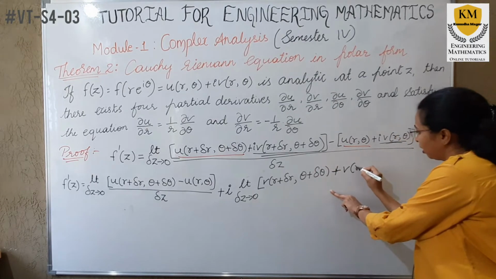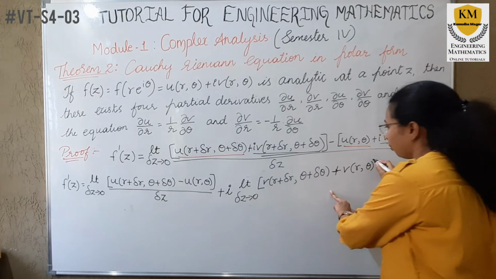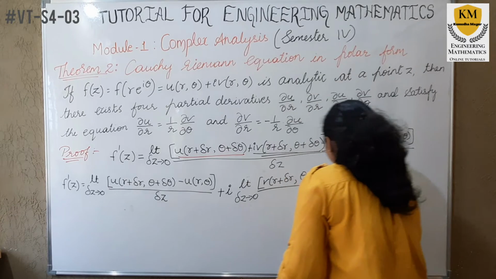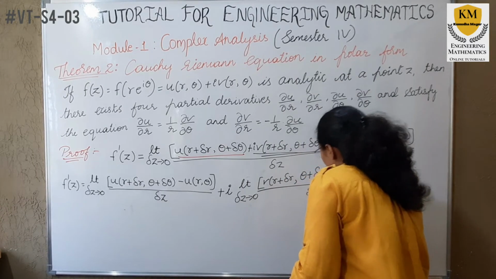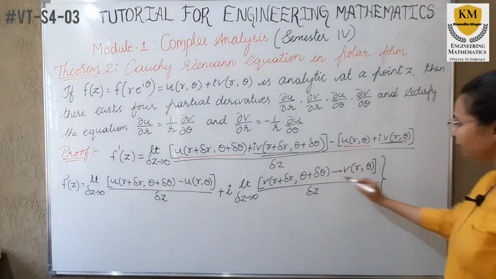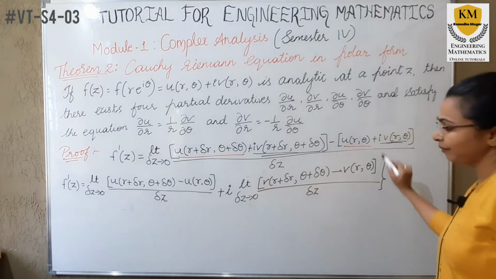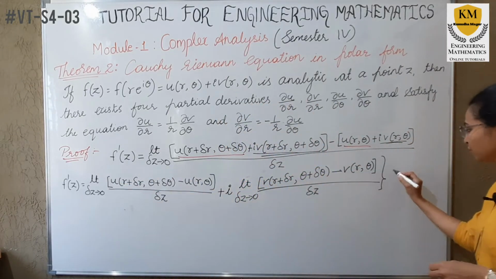Now the whole divided by del z. So let me write the del z over here. So this is the simplified form of the previous step. I have just segregated the imaginary part on one side and the real part on the other side. This is very important.